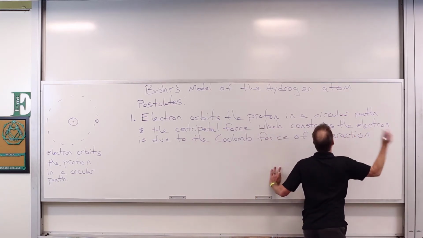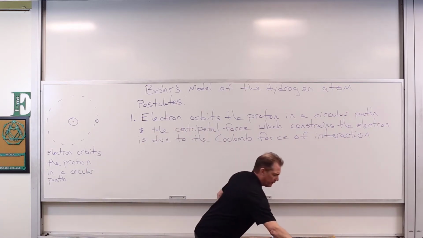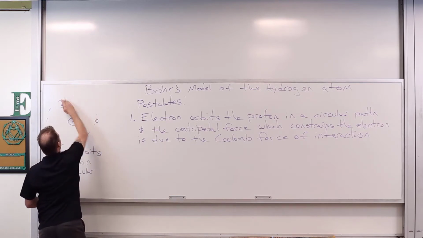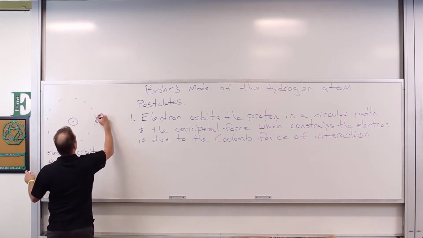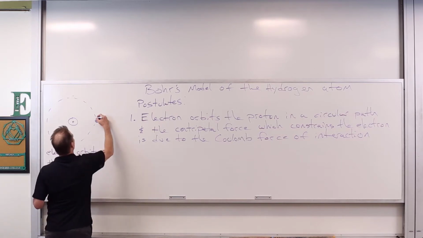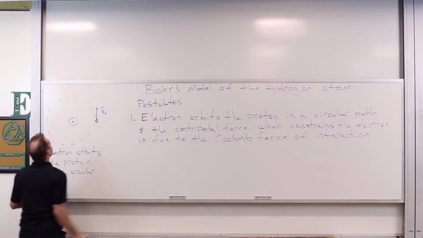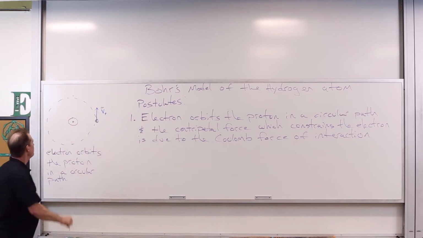All right, so what does that really say? Well, this electron has some sort of tangential velocity. Depending on where it is, it points in different ways, but that's basically its orbital speed.